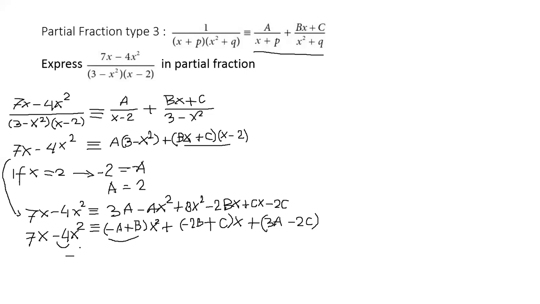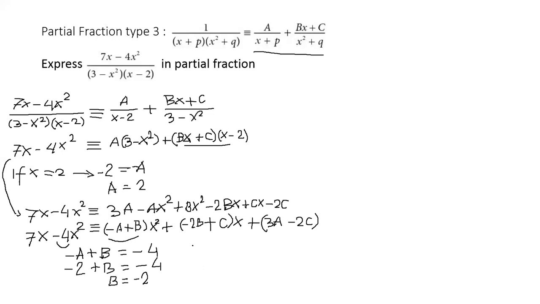So negative a plus b equals negative 4, meaning negative 2 plus b equals negative 4. So b equals negative 4 plus 2, which is negative 2.